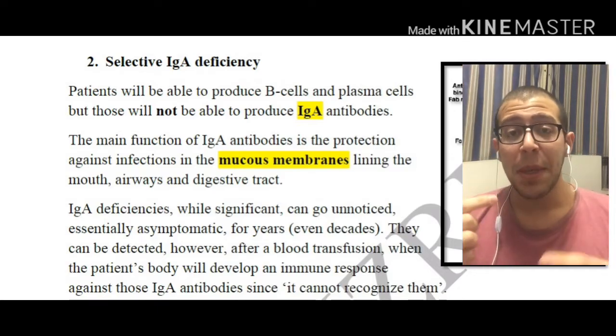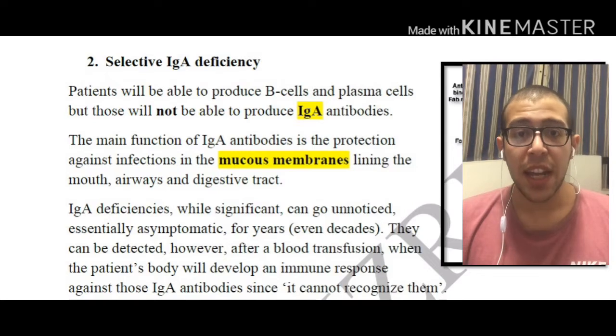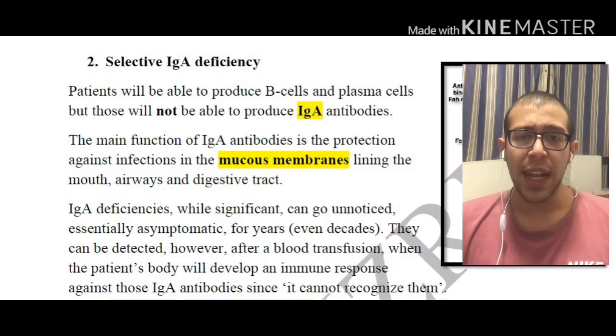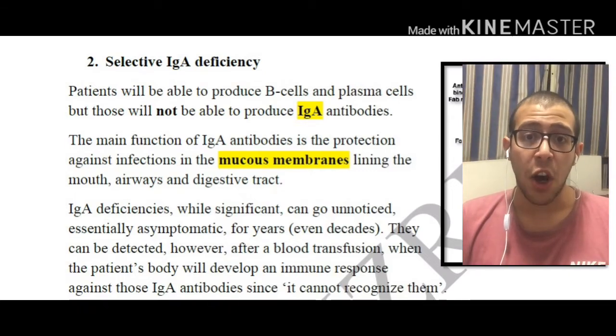Now, this can be triggered. We're going to be knowing that there's a lack of IgA when we have a blood transfusion, because obviously, if we get a blood transfusion, IgA and all antibodies are going to come with the blood of the donor.